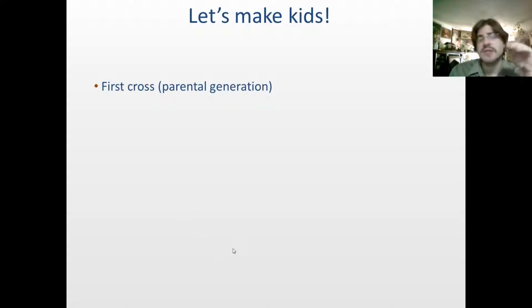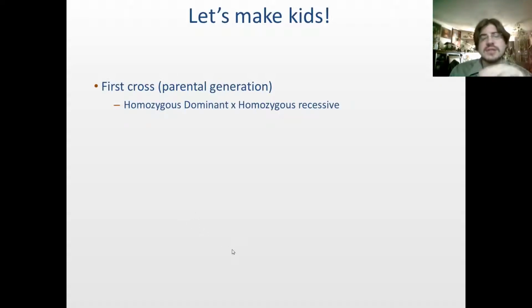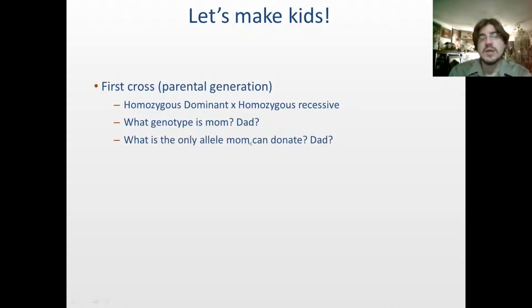Our first cross is the parental generation. Homozygous dominant times homozygous recessive. What genotype is mom and dad? Well, it doesn't really matter because either one of these could be the female or male parent. So what is the only allele that mom can donate? Let's call mom the homozygous dominant. She can only donate a dominant allele.